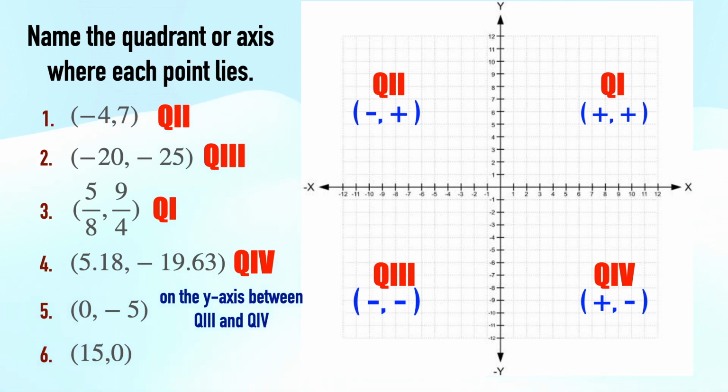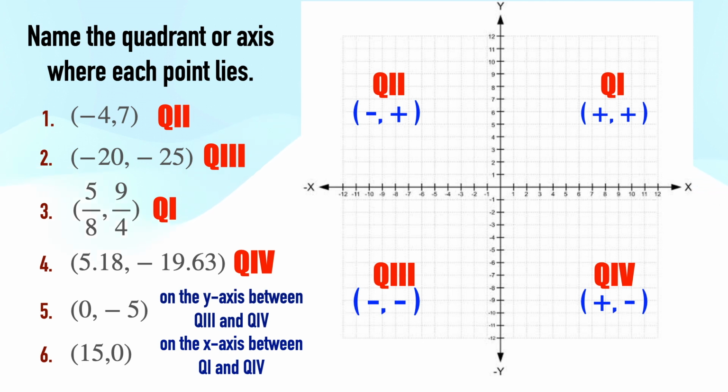So, nasa x-axis siya. So, on the x-axis between Quadrant 1 and Quadrant 4. Tignan natin. Ayun, no? On the x-axis between Quadrant 1 and Quadrant 4.